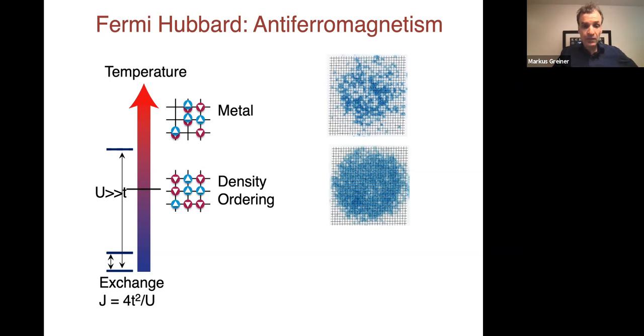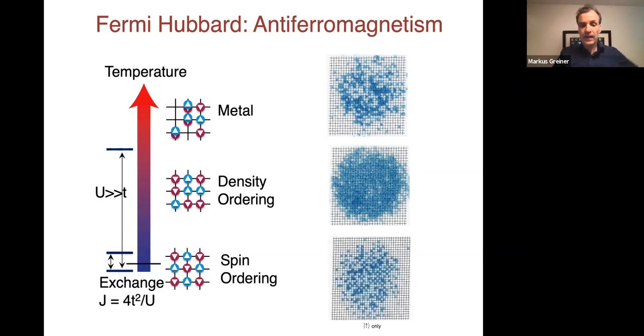Now, if you get even colder in temperature, then you get magnetism, interaction between the spins. It's actually interesting to ask why, right? Because the Hamiltonian I just showed you has no explicit spin dependence, or no explicit spin-spin interaction.